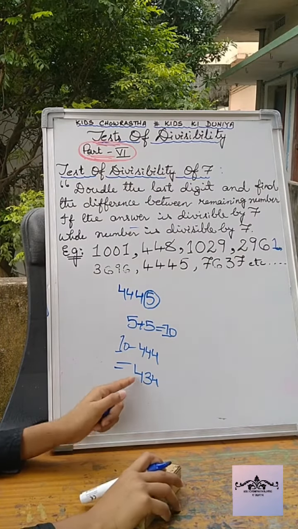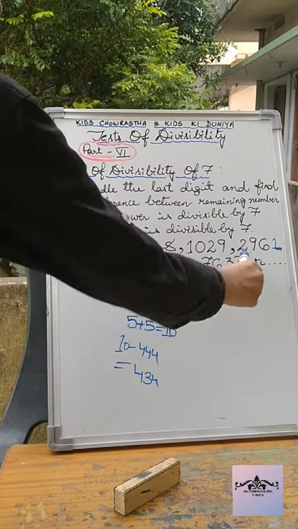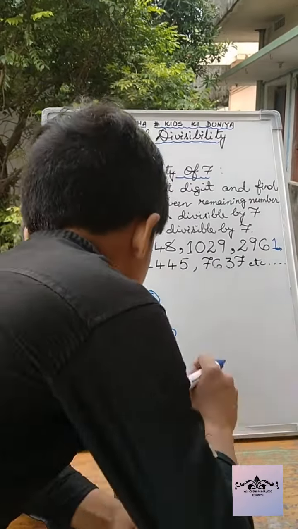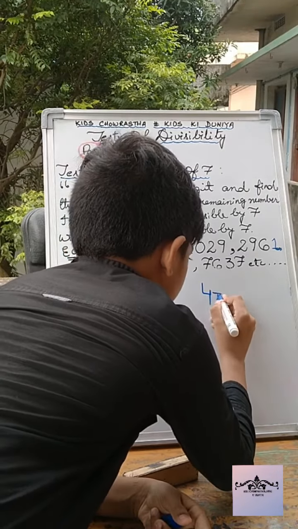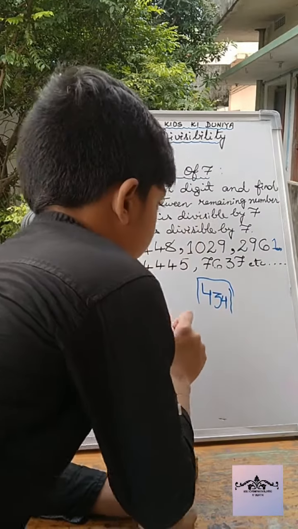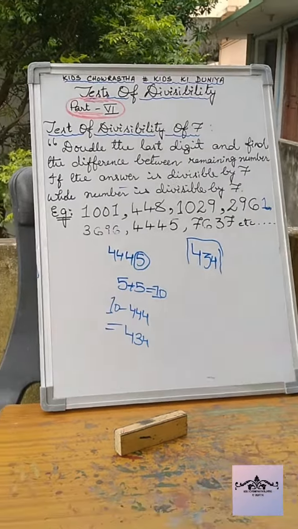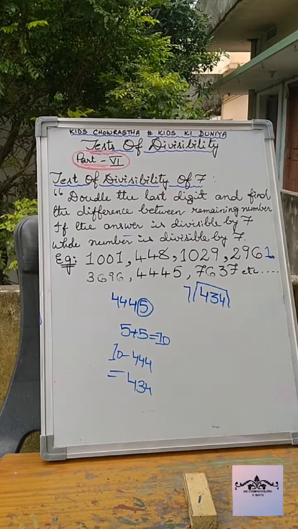Now we have the answer. We got 434. If the answer is divisible by 7, the whole number is divisible by 7. So we are checking out the answer. I'll write it a little bit clearer. 4 we can't take because 4 is smaller than 7.